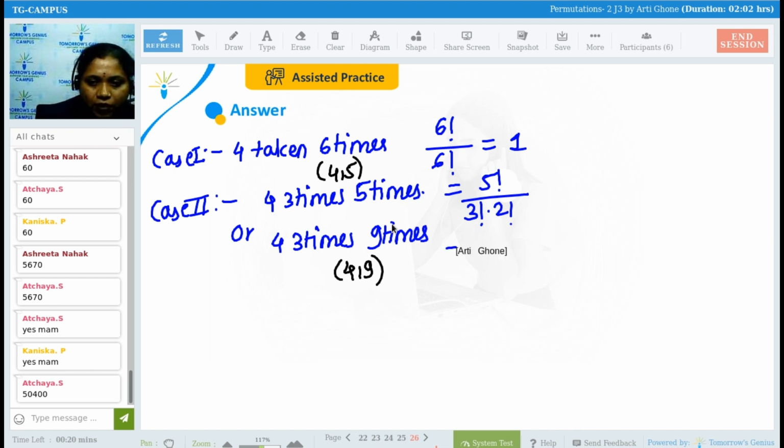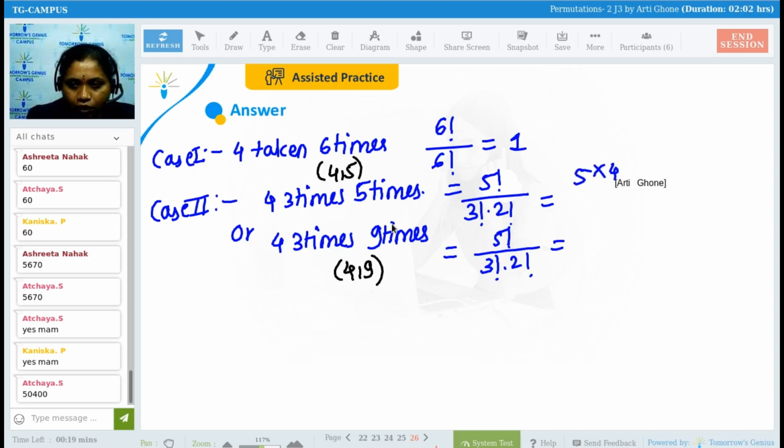So these are the permutations: 5 factorial upon 3 factorial into 2 factorial, and 5 factorial upon 3 factorial into 2 factorial. So the 3 factorials get cancelled. 5 into 4 upon 2 is 10. So obviously this is also 10. Case 2 is clear. Okay.